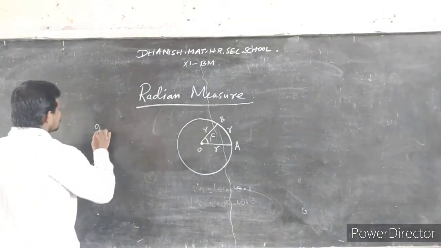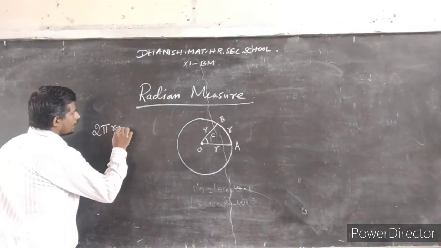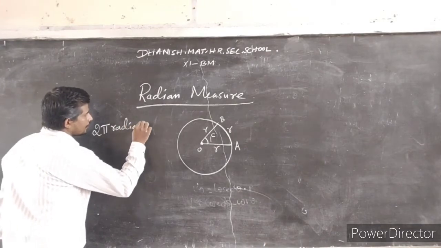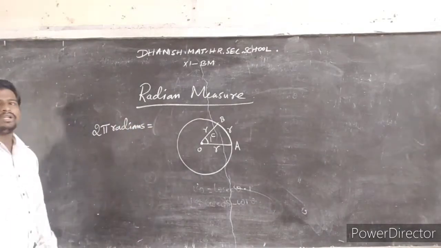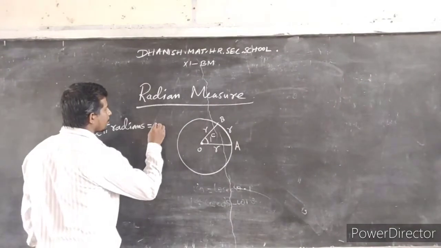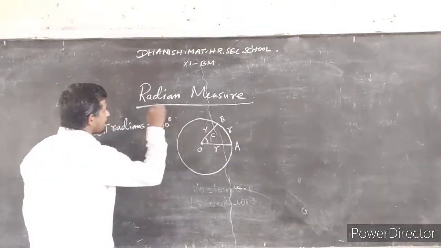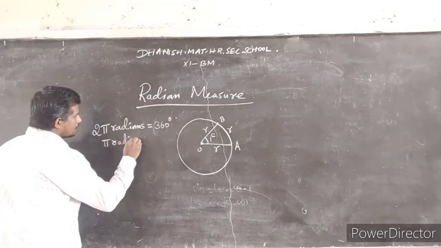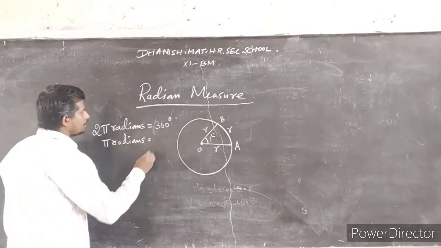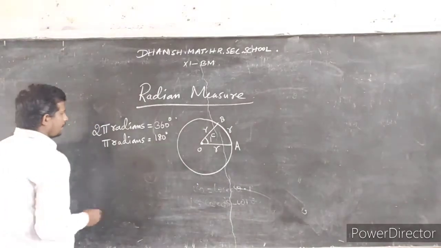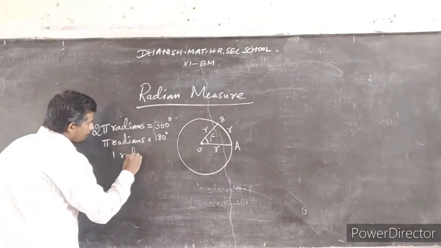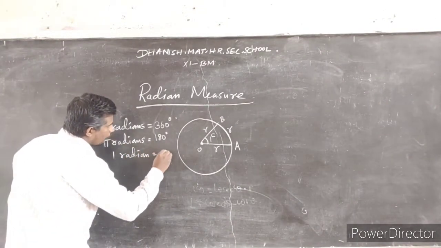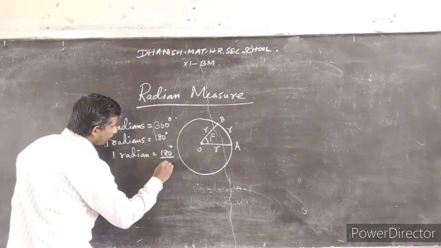So 2 pi radians equal one full complete rotation, so 360 degrees. Then from this we can write pi radians equal to 180 degrees. 1 radian equals 180 degrees by pi.